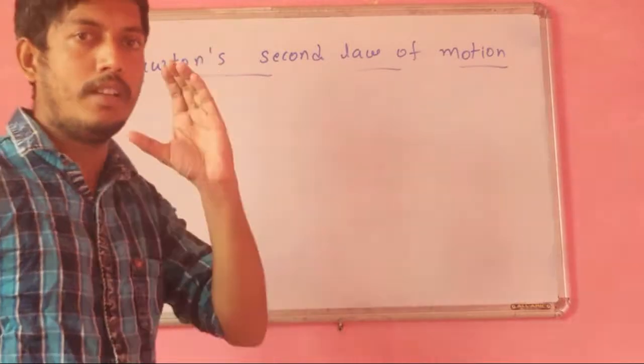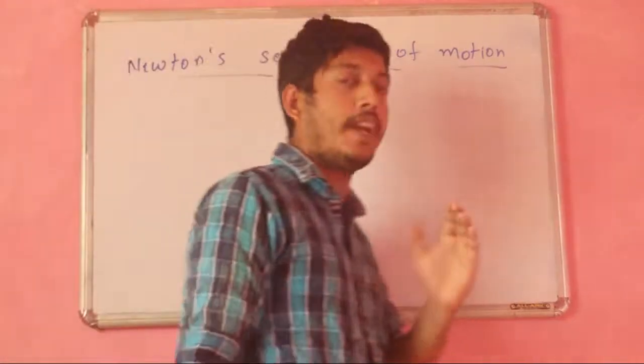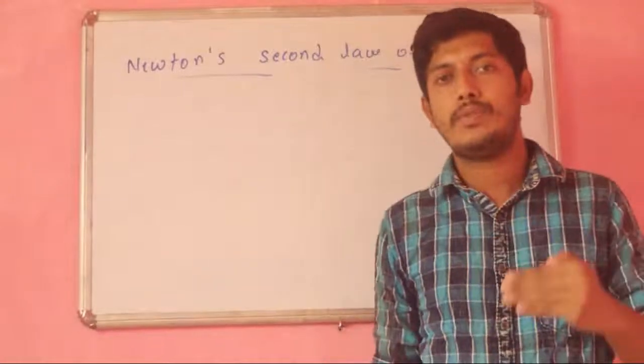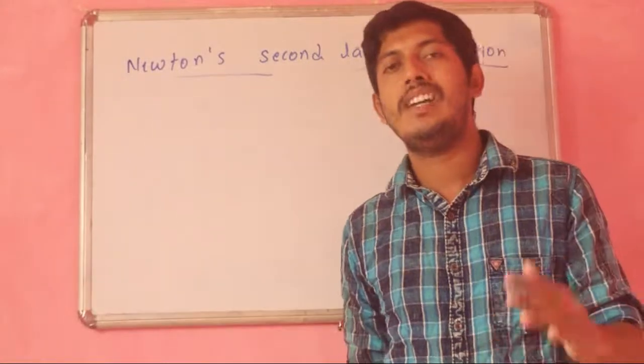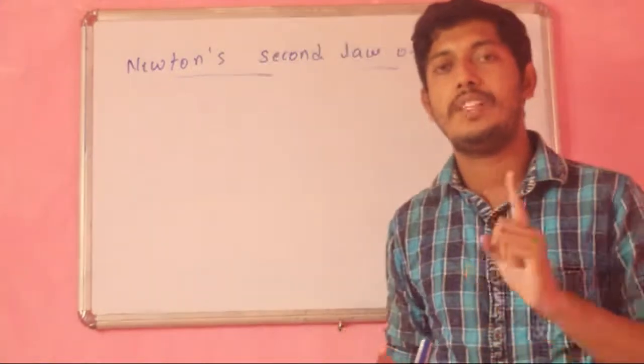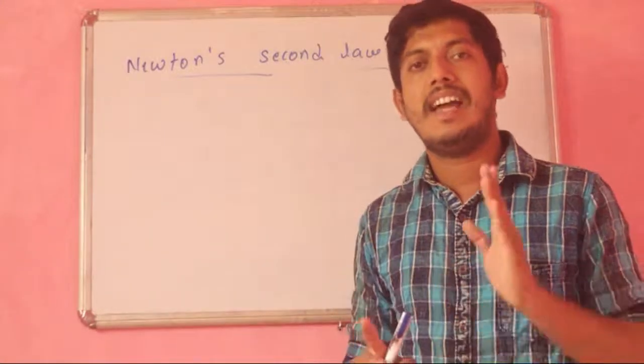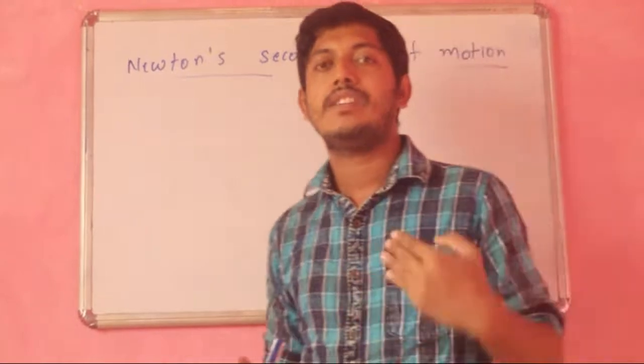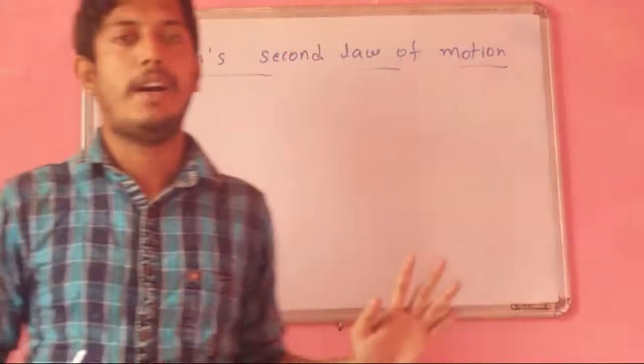The whole expression we have to divide into two parts. The first one is acceleration given to a body is directly proportional to force and in the direction of the force. And the second one, acceleration given to a body is inversely proportional to the mass of the object.